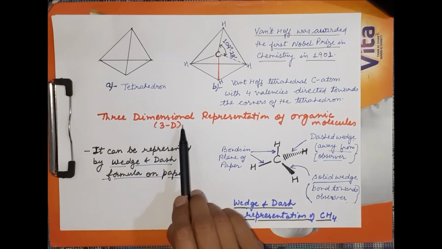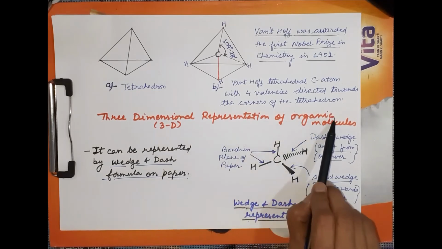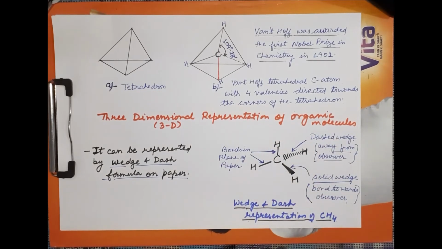For this purpose, we use the wedge and dash representation of methane. This is the 3D representation of methane by wedge and dash representation.